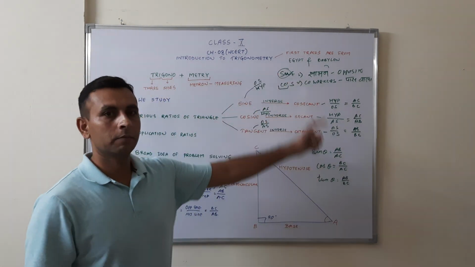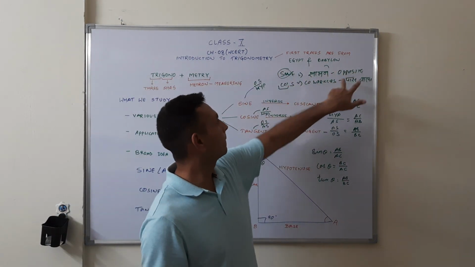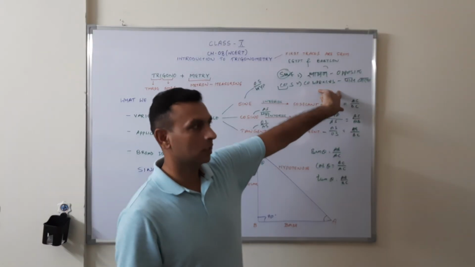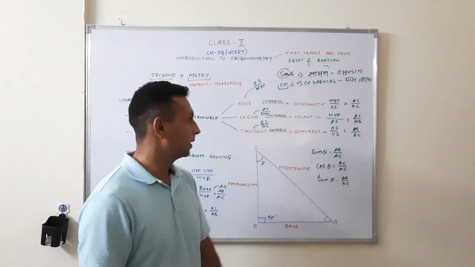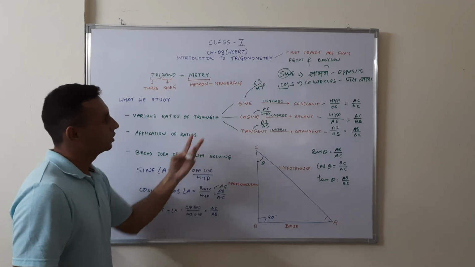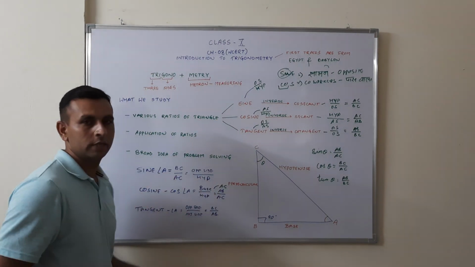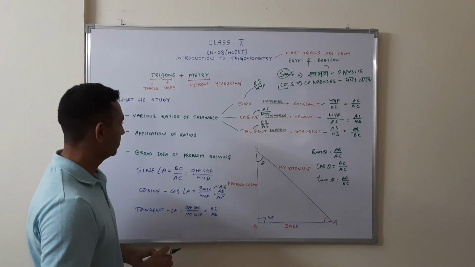This is how you can remember. Sine मतलब सामने वाला, cos मतलब पास वाला, and hypotenuse at the denominator that remains same. So this is all about the ratios that we have studied.